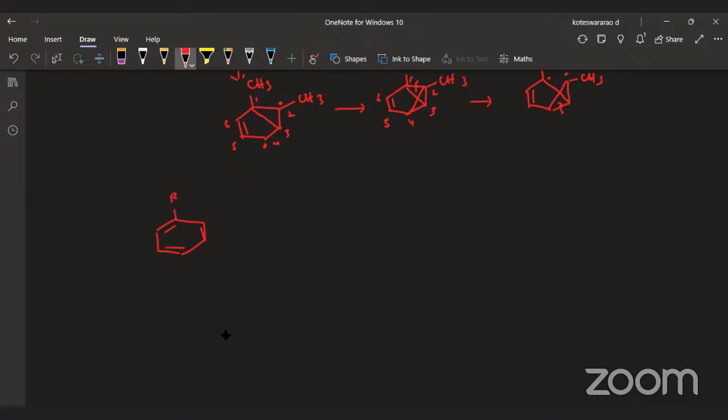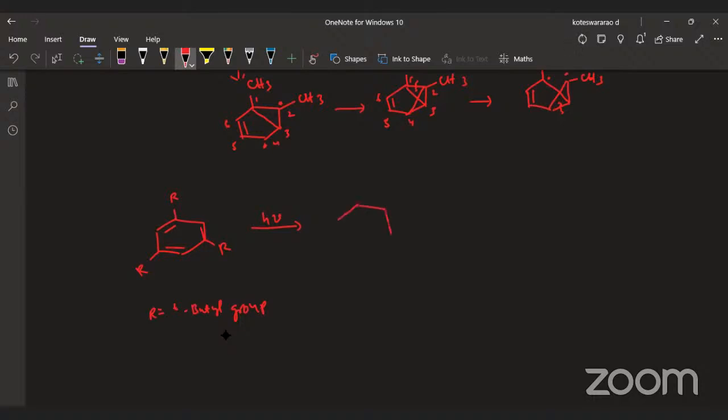Suppose it is treated as R, R is equal to tertiary butyl group, right? It is substituted with the substituent group. Now it is subjected to irradiation. Then it leads to the formation of the derivatives.